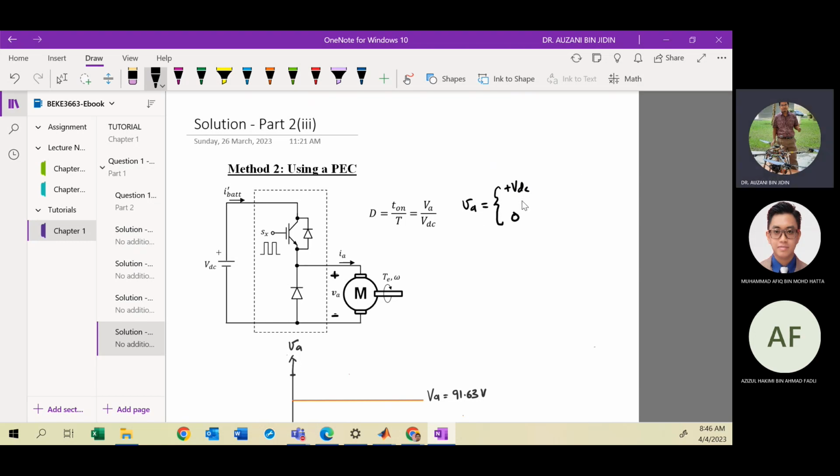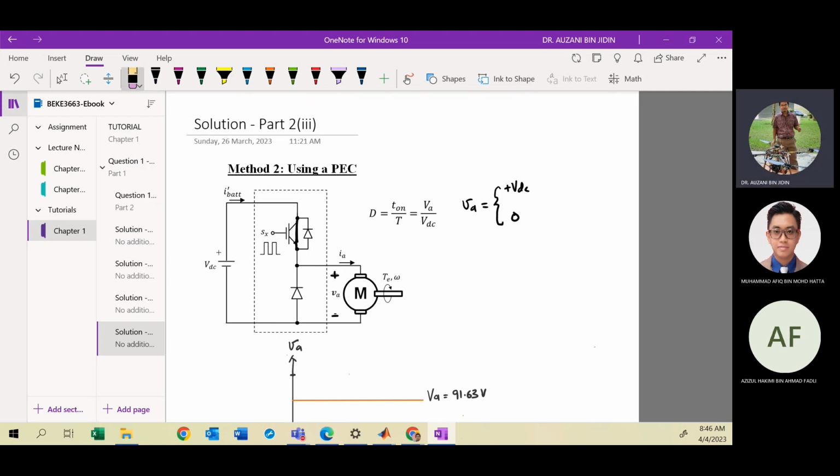VA is VDC when the IGBT is turned on. When the IGBT is turned on, it is a short circuit, since we consider the IGBT an ideal switch. So when the switch is on, it creates a short circuit here. Then you apply Kirchhoff's voltage law, and you get VA equal to VDC.